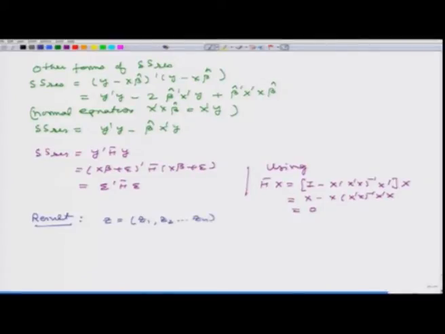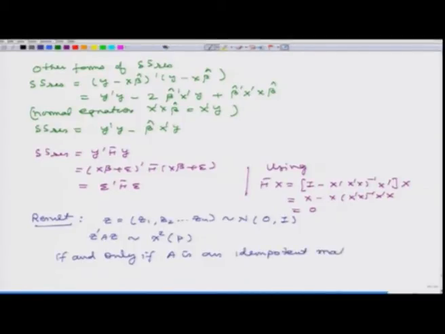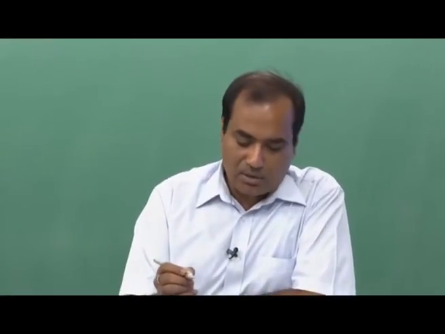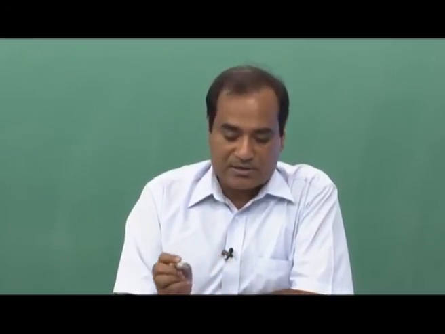So, this is an n cross 1 vector, and suppose this follows a multivariate normal distribution with mean vector 0 and covariance matrix I, identity matrix, then z transpose A z follows a chi-square distribution with degrees of freedom p if and only if A is an idempotent matrix of rank p.